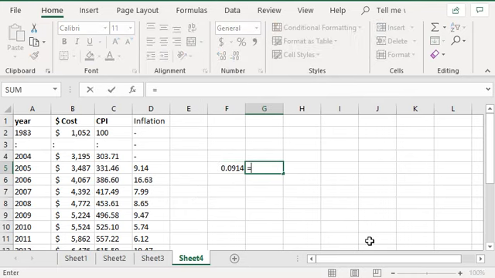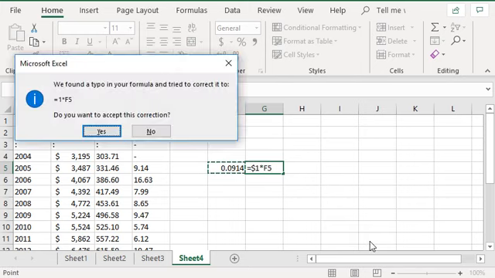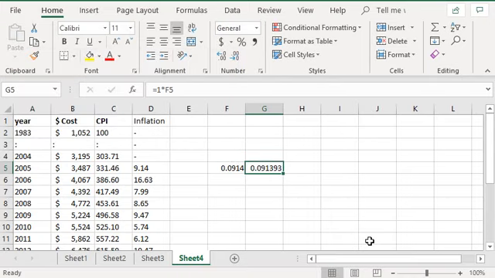Okay. So if it costs $1 in 2004, how much did the price go up by? Well, the price went up by that many cents. This is the way you think about it.